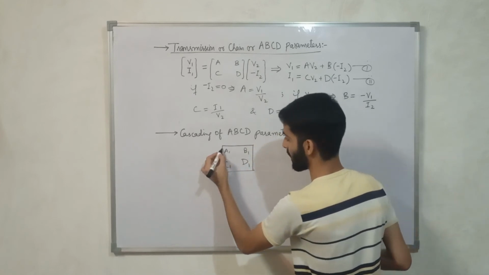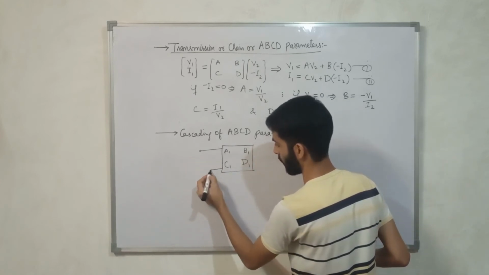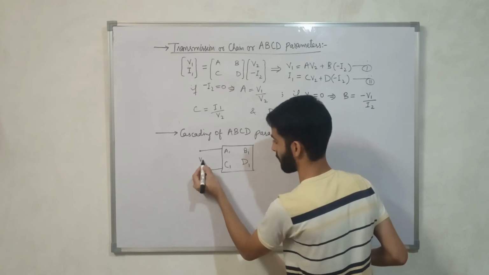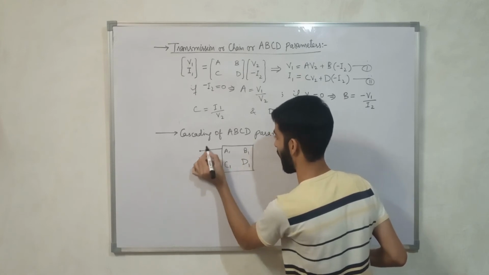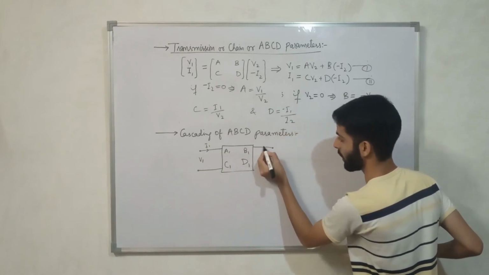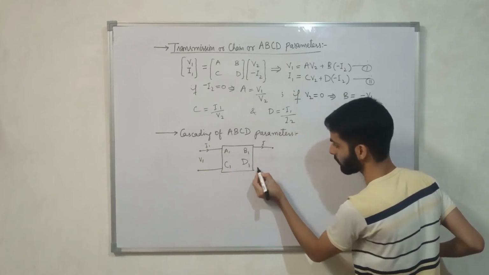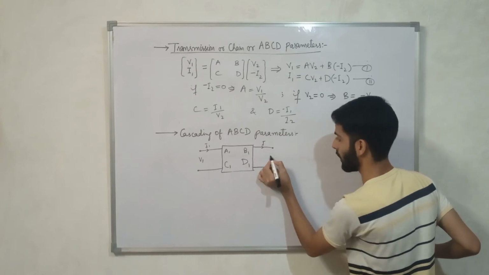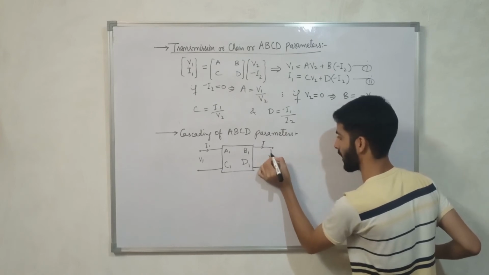The input voltage is V1, the current is I1. The output is current I, and here it is V, let us say.